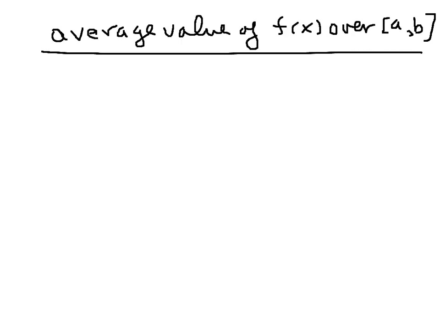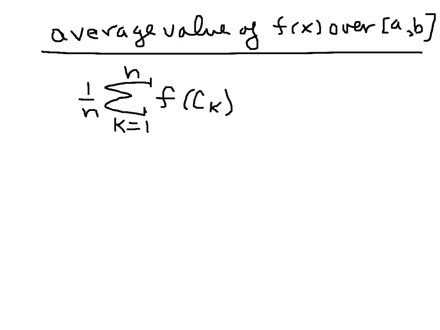Okay, so here we go. This is what's known as the average value of a function over a closed interval. Now, here's what we're talking about doing. We're talking about adding up a lot of these f of c sub k's as k goes from 1 to n of 1 over n. Now that's just n of them, but now what we're going to do is take the limit as n goes to infinity.